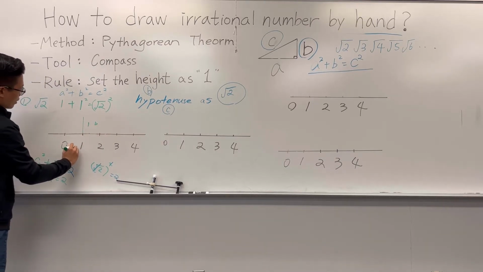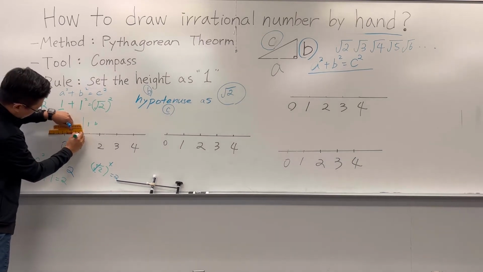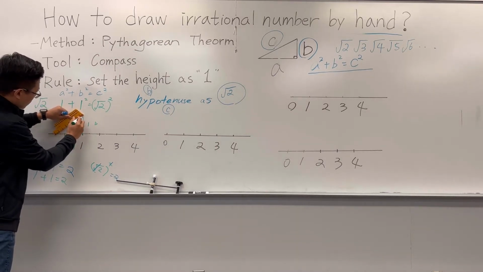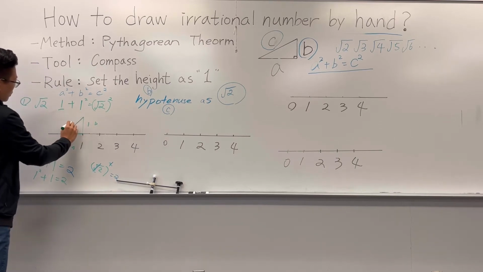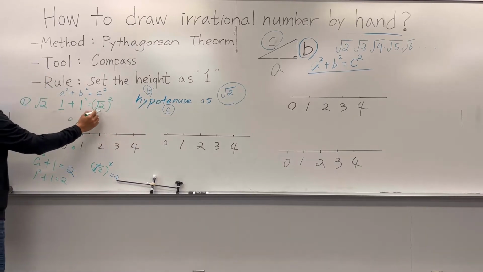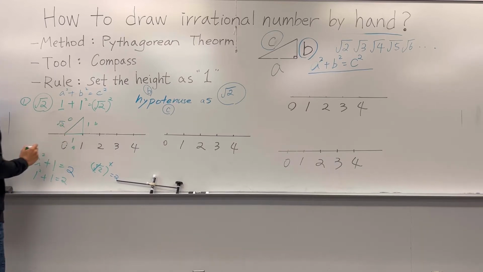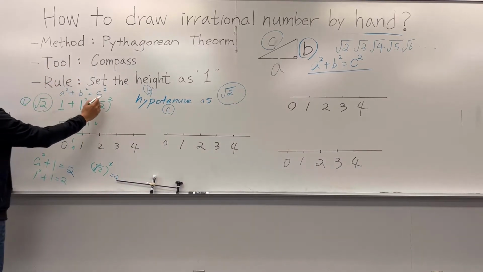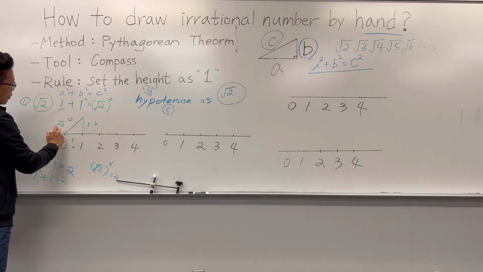And then a here is 1. So that is 1. So the hypotenuse, I connect these two lines. That is c, that's the hypotenuse, and that is the square root of 2. Remember I said you put the number that you are going to draw on the hypotenuse in this formula, and that's c. c is the square root of 2.